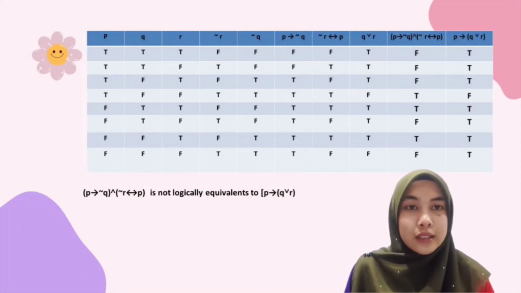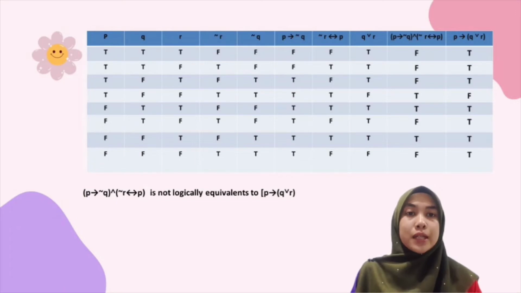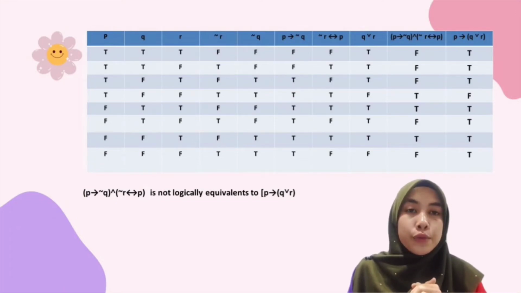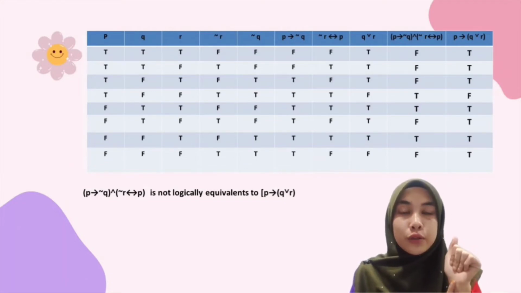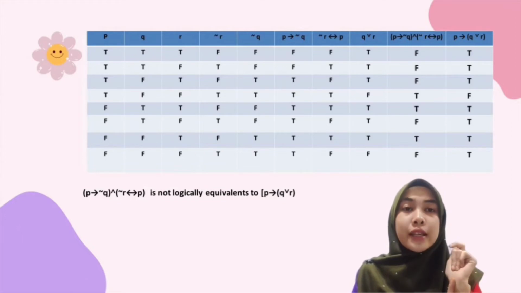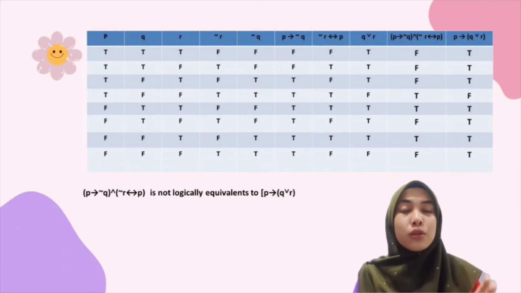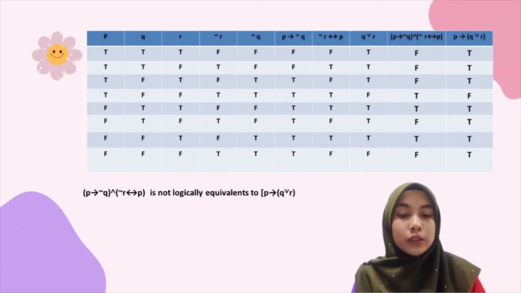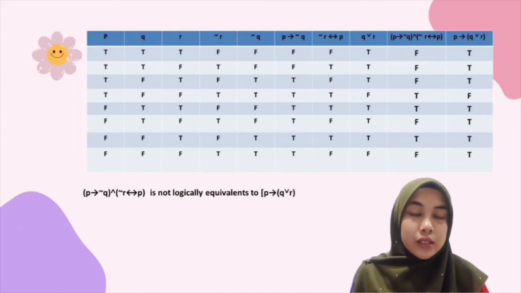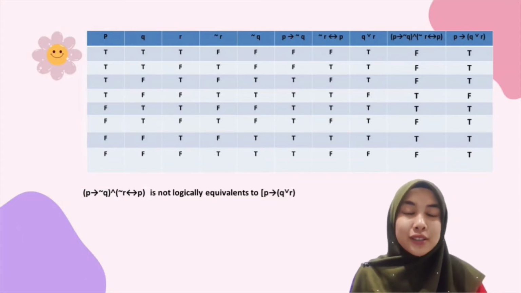Okay, now let's see the fifth column, which is P implies negation Q. At first we should identify what the variables from the question are. First we look at the columns of P and negation Q. But the important thing in this question is that we use implies, so we should know the rule of implies. Let's say the question is true implies true or false implies false, then the final answer is true.